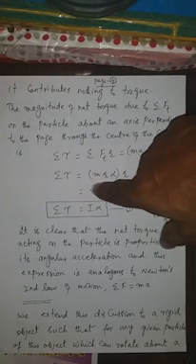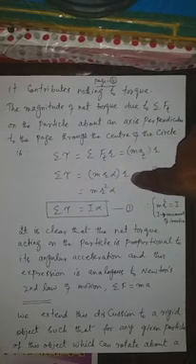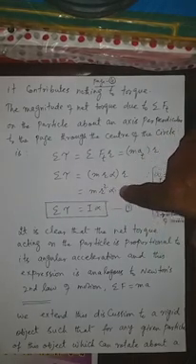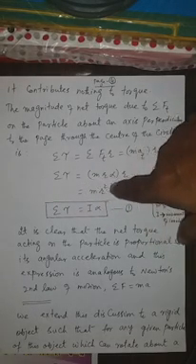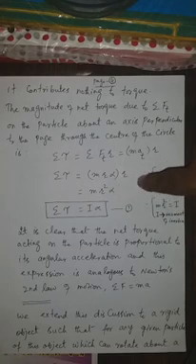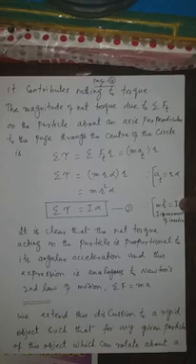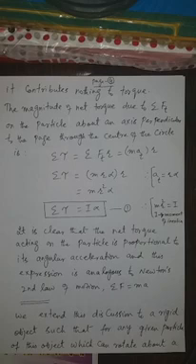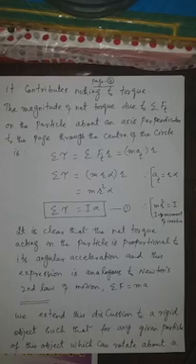So the summation will be equal to m R alpha into R. Here we will have m R square alpha, and this m R square in this product will be replaced by I. What is I? I is the moment of inertia of the circulating particle.